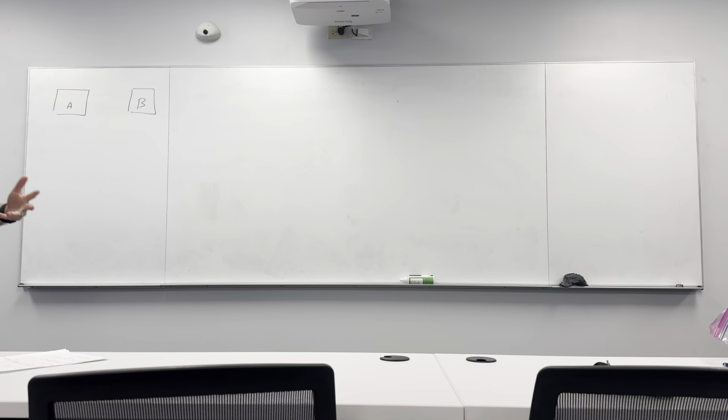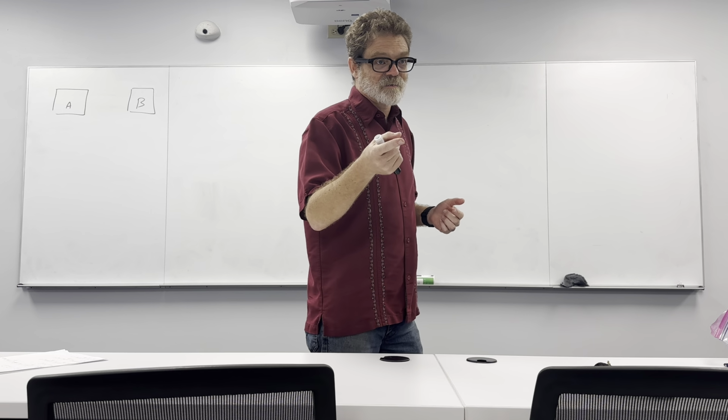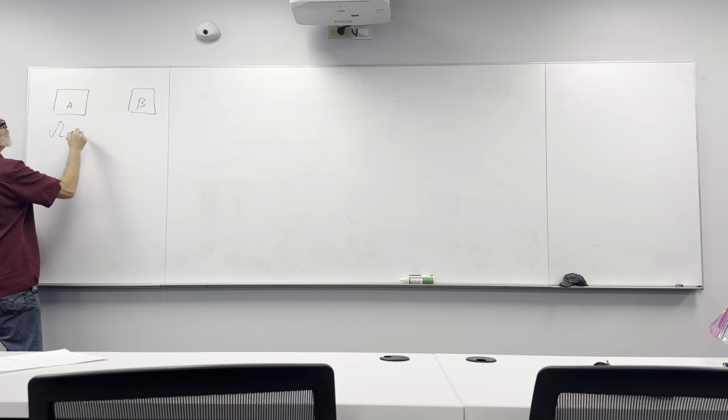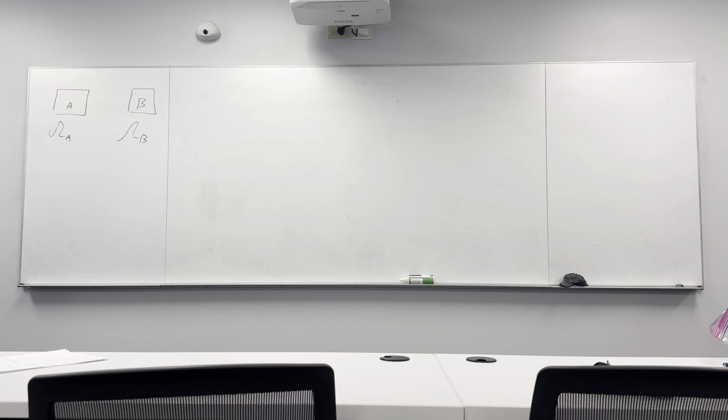What's the multiplicity again? How many microstates? The number of microstates in a macrostate. So we have multiplicity of A and multiplicity of B. You can kind of think of it like a probability, how many states there are. You can think of it kind of as that configuration.